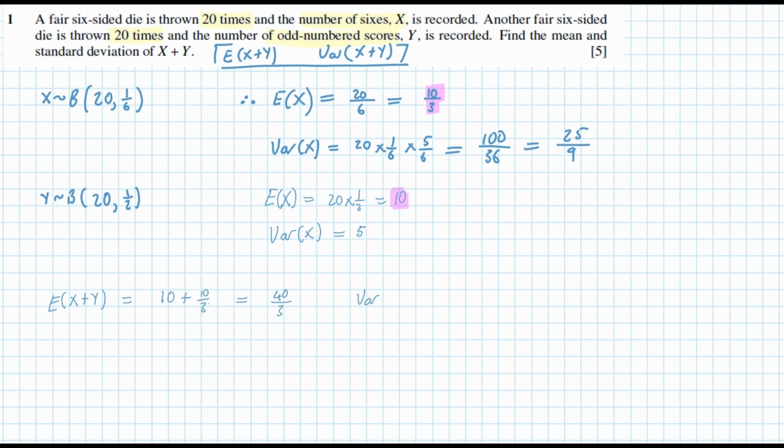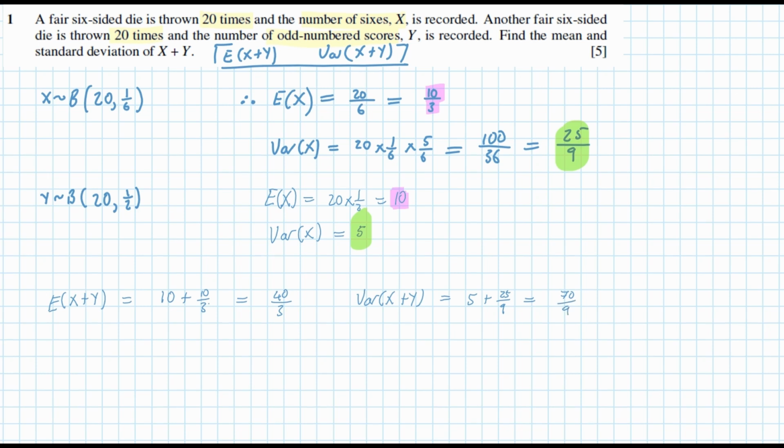And then for Var(X plus Y), we again simply add the variances here, this one and this one. We add those two together, and this gives us 70 over 9.